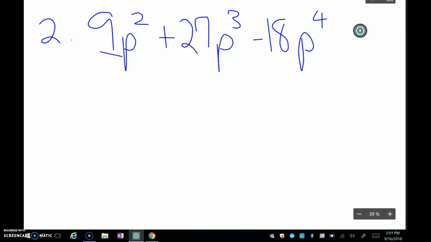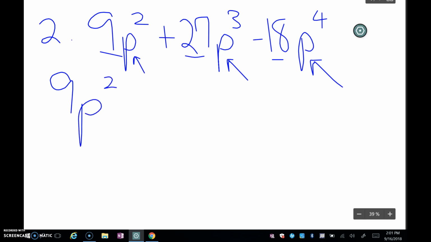Again, looking at your coefficients, 9, 27, and 18, the largest number that goes into all three of those is 9. If we look at the variables, p squared, p to the third, and p to the fourth, they all have p's in them, and again, I take the lowest power of my variable.